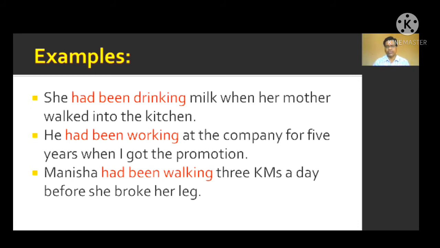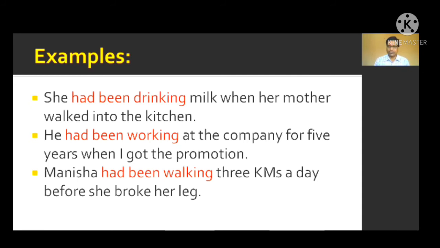Finally, you have one more sentence on your board. Manisha had been walking 3 kilometers a day before she broke her leg. See, now the situation is very bad for Manisha. She has got a fracture and she broke her leg. Maybe some mishap might have taken place somewhere in the course of walking.